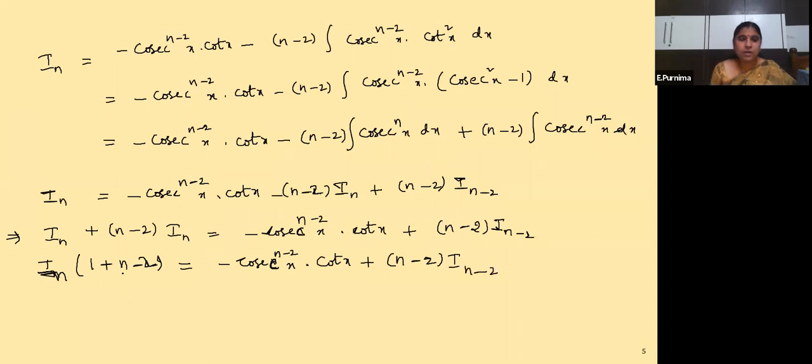Now here 1 minus 2 is nothing but minus 1. So it is I n into n minus 1 we get. Shall I write it directly on the other side? That n minus 1 will go to the other side as a denominator.